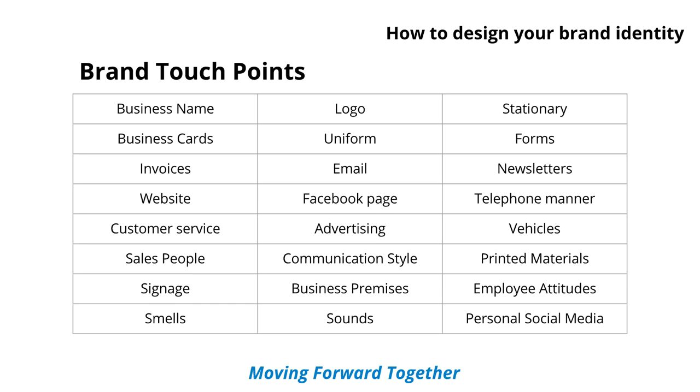To continue, you've got touch points from your salespeople, your communication style and format, your printed materials such as brochures, any signage including the materials that you use, as well as the font type, if you have any text on there.